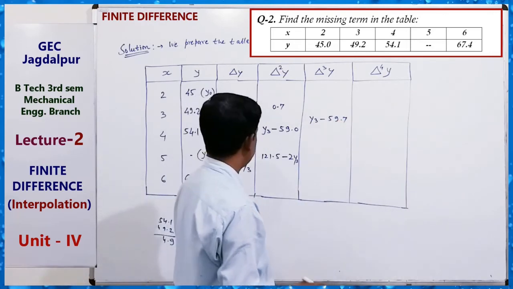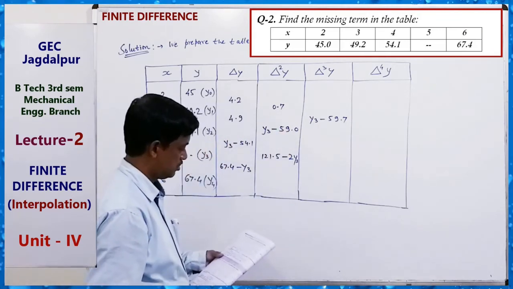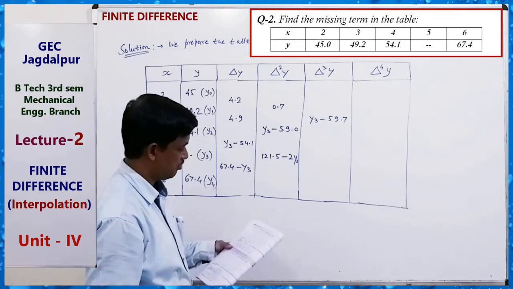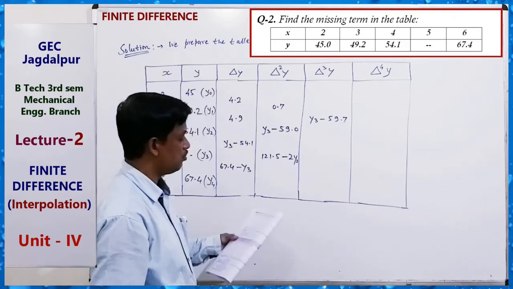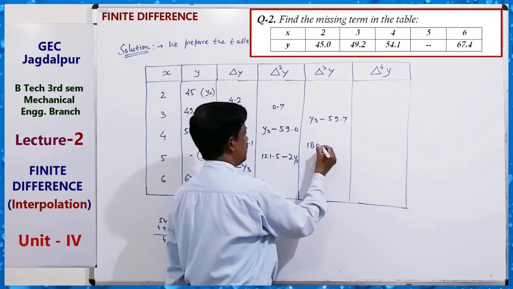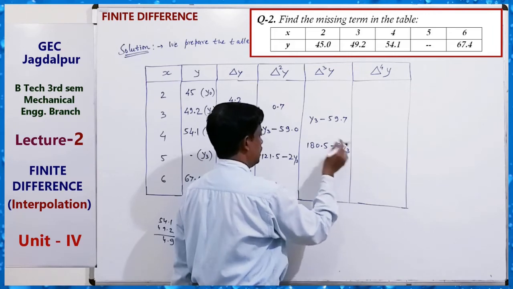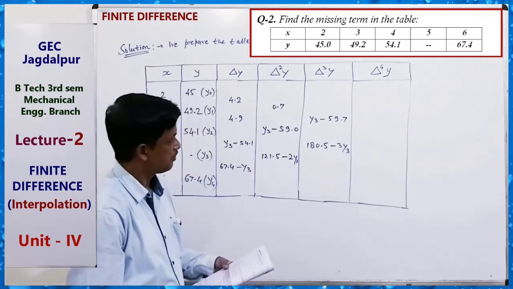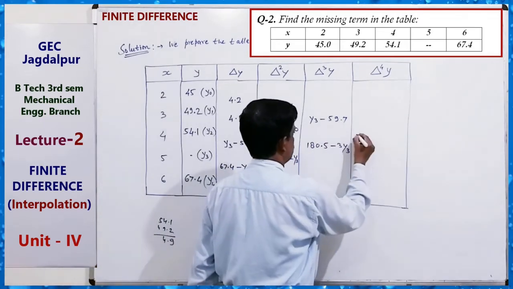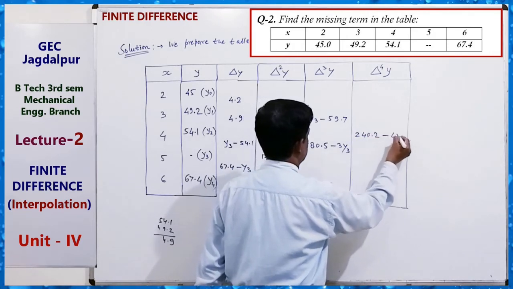Now 180.5 minus 3y3, this minus this. Then we get 240.2, and this minus this gives 240.2 minus 4y3.